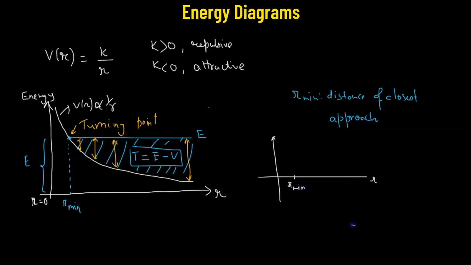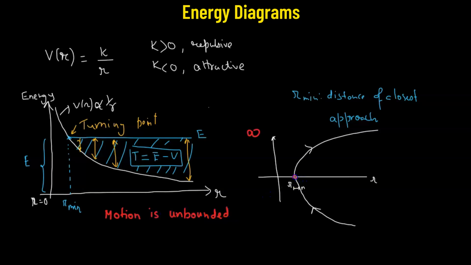So we have a particle which is coming towards the force center, and at this point the velocity becomes momentarily 0, then it changes its direction and again moves back to infinity. So this is going to be the trajectory of the particle. The motion is unbounded here.